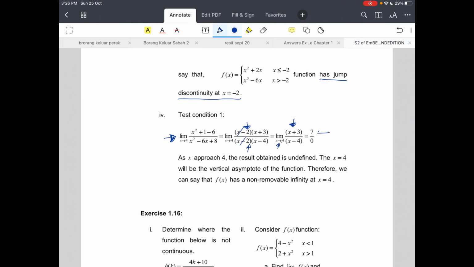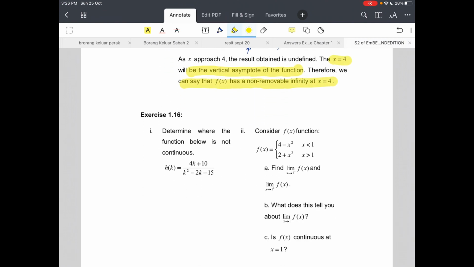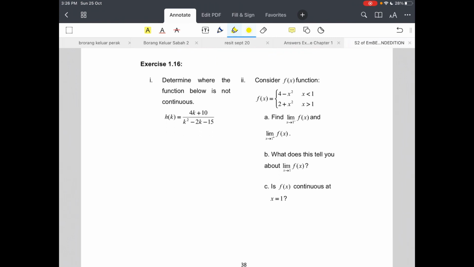When you plug in this one, it yields 7/0. So when you get this type of answer, it means that x equals 4 is the vertical asymptote for that function. And so we can say that this function has a non-removable infinite discontinuity at x equals 4.